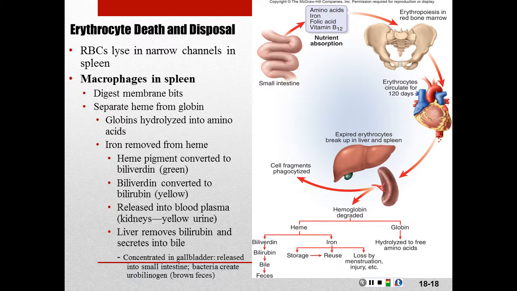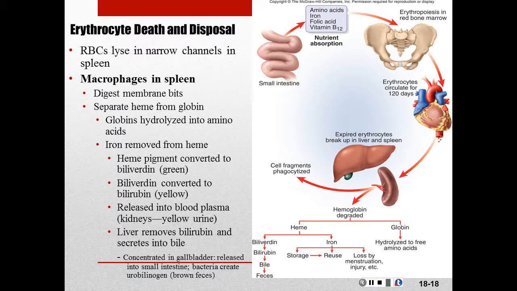The liver then removes it and secretes it into the bile, which is discarded into the small intestine via the gallbladder. Biliverdin and bilirubin are called bile pigments.